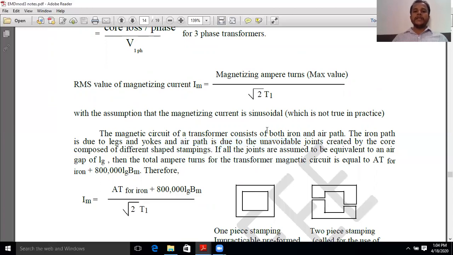So mainly there are two paths, one is the iron path and the other is the air path.